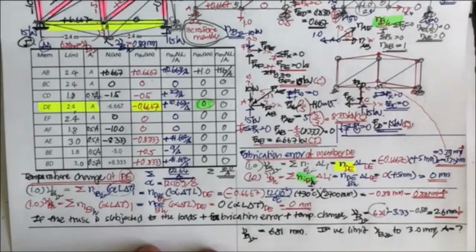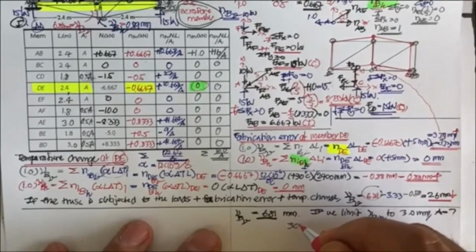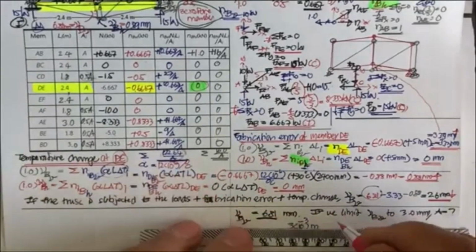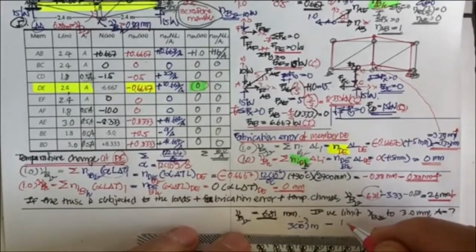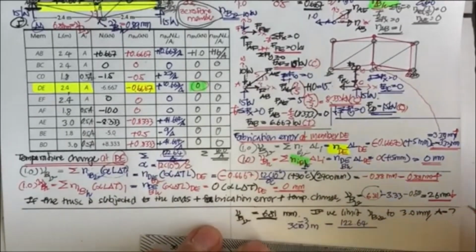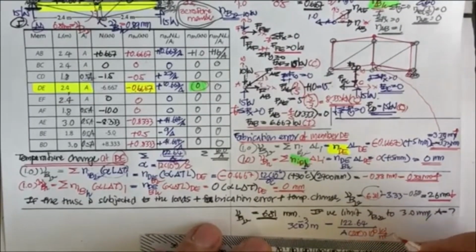For doing this, that means this is too much, so we're going to redesign it. We're going to get a bigger section. By doing that, we may say 3 times 10 to the minus 3 meter is going to equal 122.64 divided by A, and E is going to be 210 times 10 to the minus 6 kilonewton per square meter.